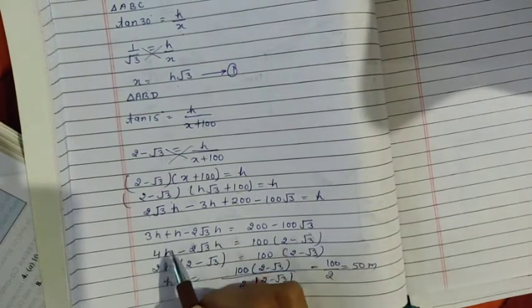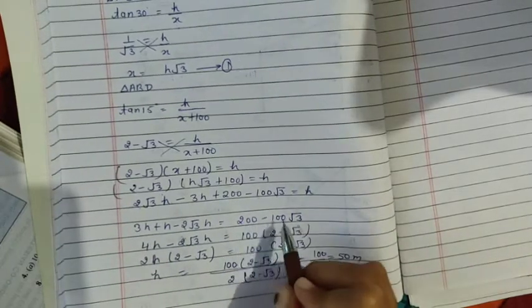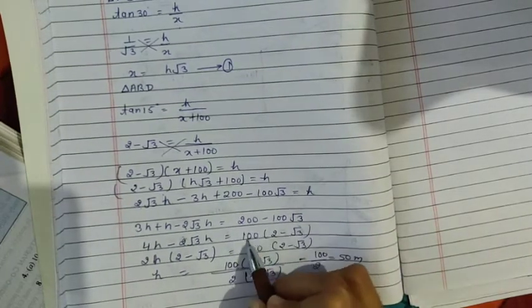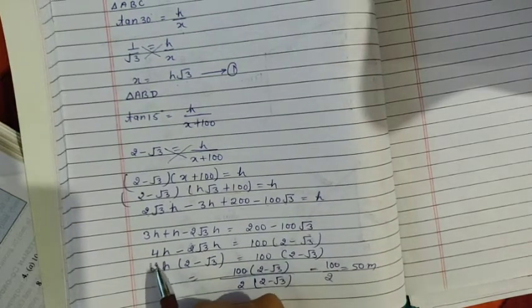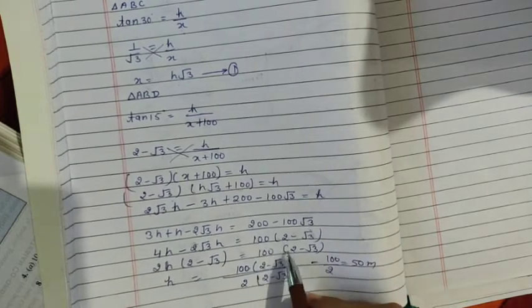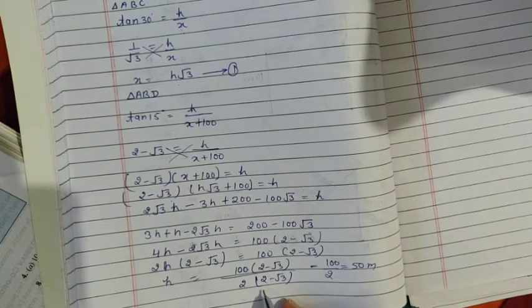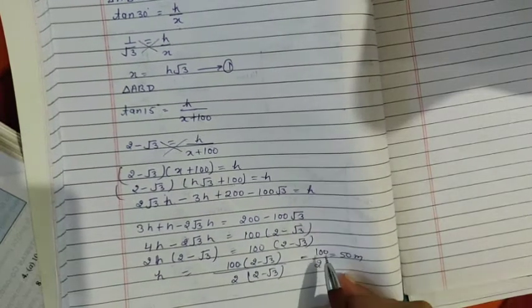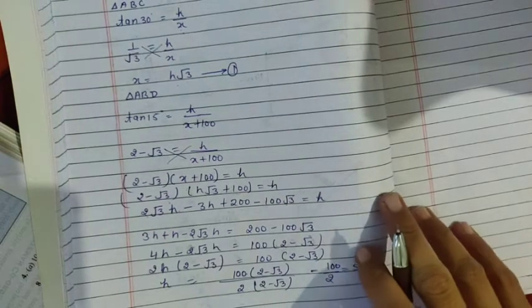So 4h minus 2 root 3 h equals 100 into 2 minus root 3, and on this side we take 2h common, giving 2 minus root 3. So h equals 100 into 2 minus root 3 upon 2 into 2 minus root 3, which equals 100 upon 2, that is 50 meter. So the height of the pillar is 50 meter.